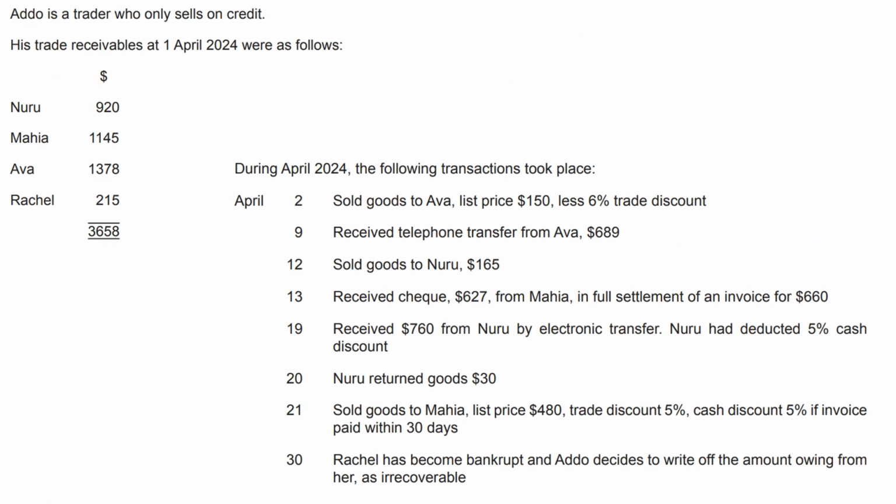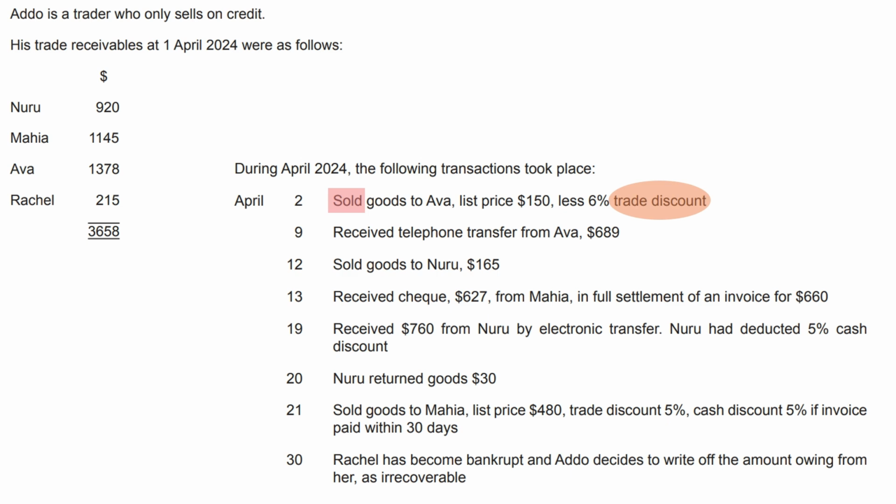If you take a look at the question, you will realize that the first transaction that occurred on the 2nd of April is a sale to Ava with the list price of $150 and there was a trade discount of 6%. Remember, a trade discount is a discount offered to encourage customers to buy more. So when we record a sale, we have to record it after deducting the trade discount.